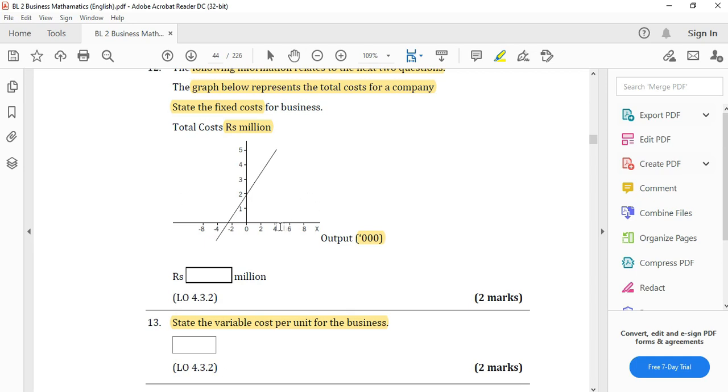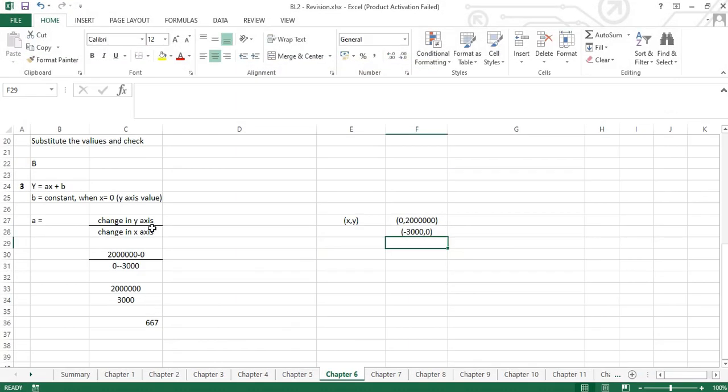Otherwise, it's very difficult to track the coordinate on the line. Basically they've selected 4000 units, it's stopping at 4, but they've taken 5 million. But in the exam they'll give it clearly. But the approach is basically the same.